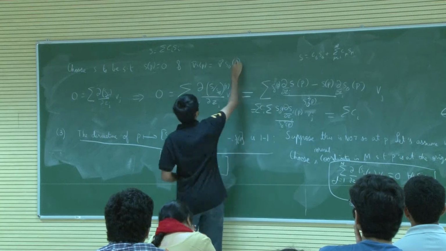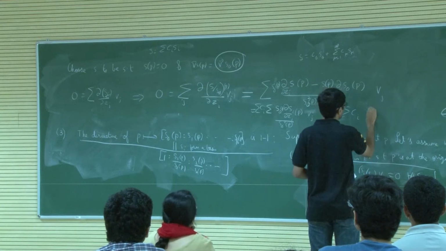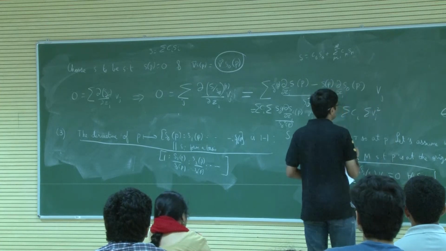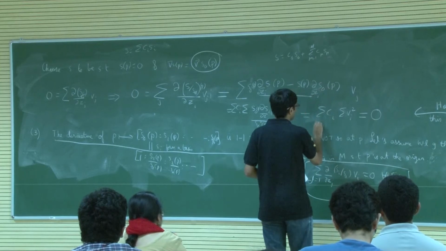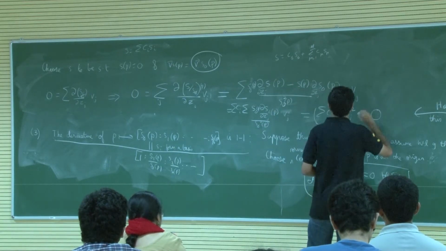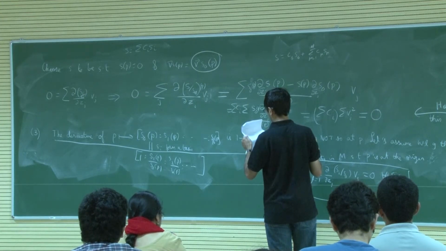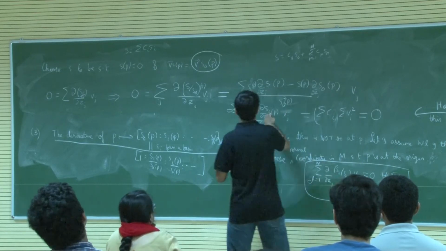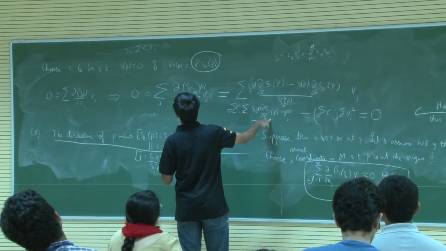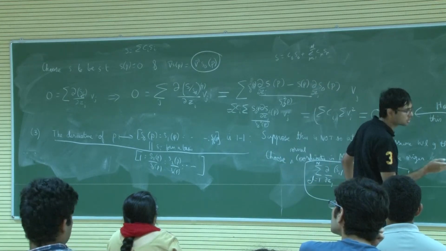We have chosen this to be V times S naught. So the bottom line is you get Vj squared, which is 0, right? Is that it? So what's this? Si Zj, not Vj squared.